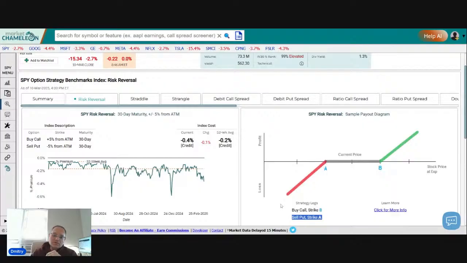Now, to the downside, if you're short a put, right, you sold strike A, a put. Well, if the stock continues to go below that strike, what happens if you're short a put at expiration? That put, you get stock put to you at that strike price.